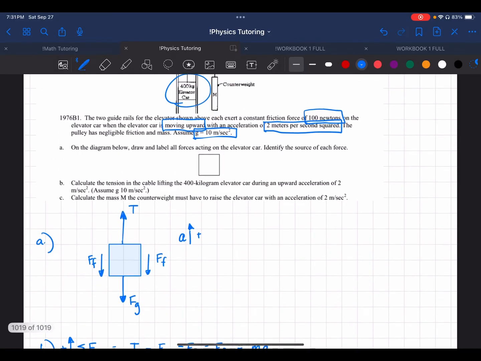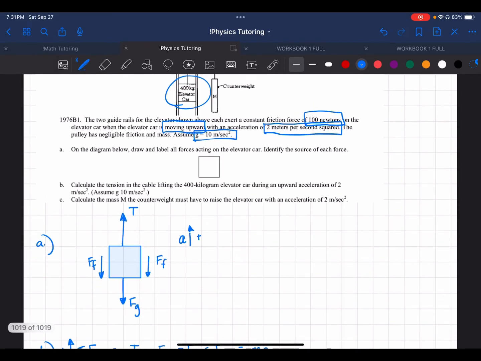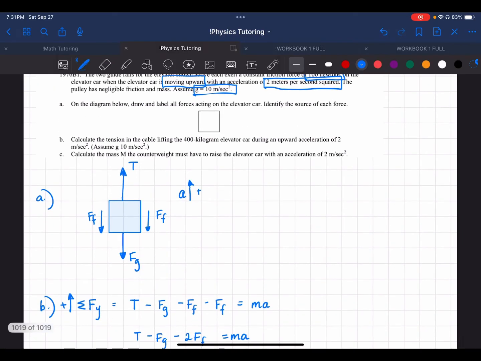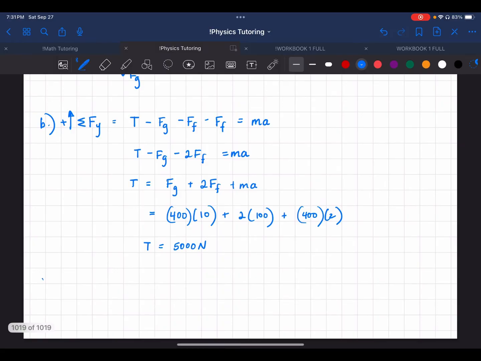Cool. And then it says I need to calculate my counterweight mass. After I finish with the left side, I can do this too. So let me go to the free body diagram for that one.